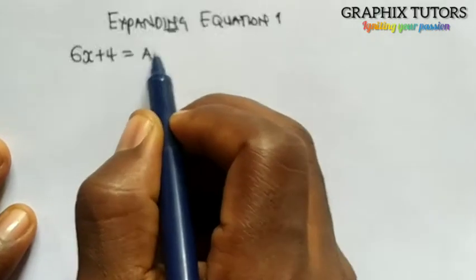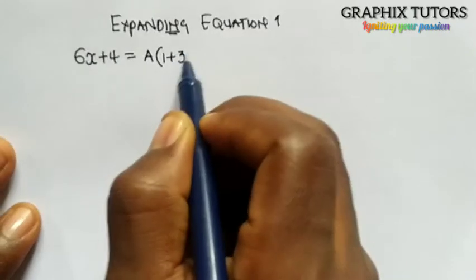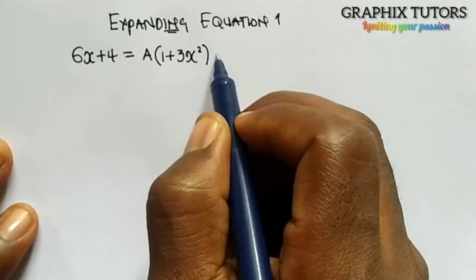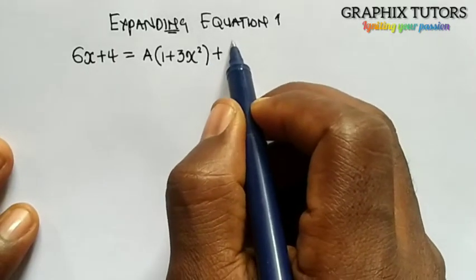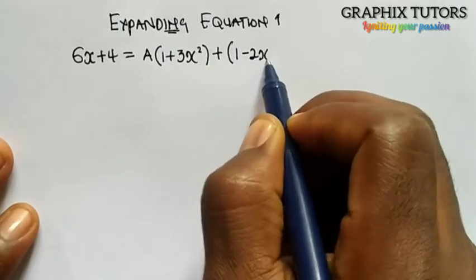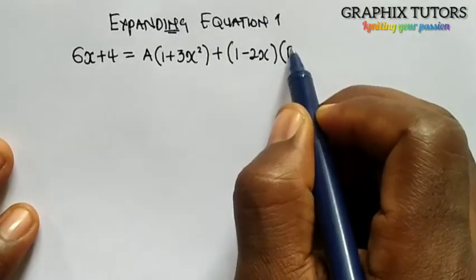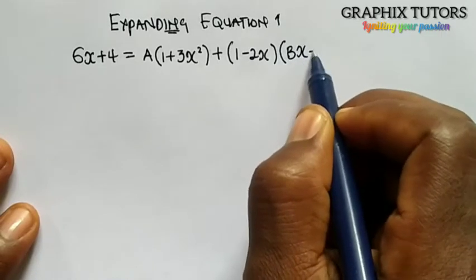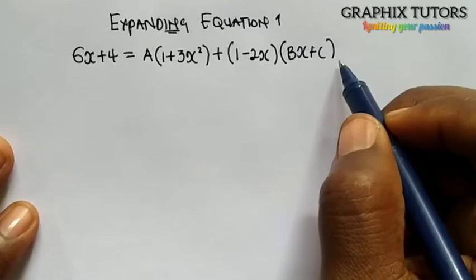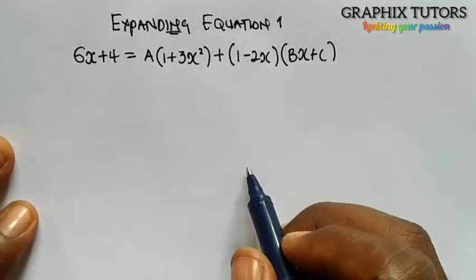a into bracket 1 plus 3x squared plus 1 minus 2x bracket bx plus c. That is my equation 1, right? And we want to expand it.